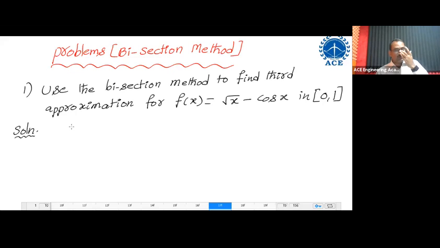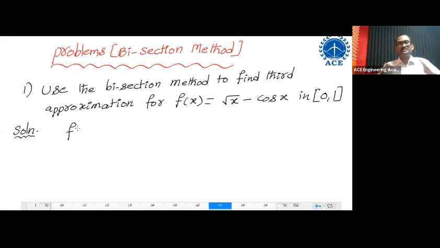One suggestion, everybody: first you write f of 0. Every trigonometric function value must be expressed in terms of radians. While calculating a trigonometric function value at a particular point, please convert your calculator from degrees mode to radians mode, unless otherwise specified in the examination.